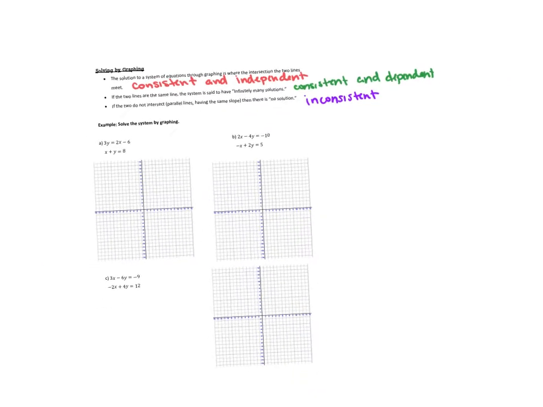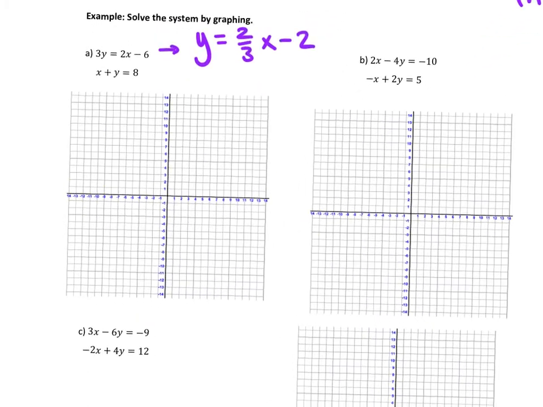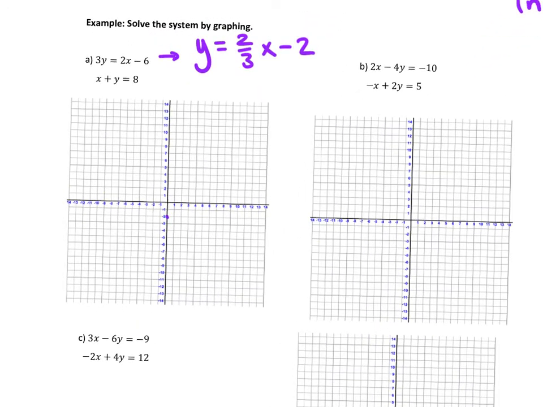So when we do this, let's go ahead and graph this first equation. In order to graph, we need to get into y equals form. So the first equation, 3y equals 2x minus 6, divide everything by 3, so I get y equals 2/3 x minus 2. Plotting that line, my intercept is -2.